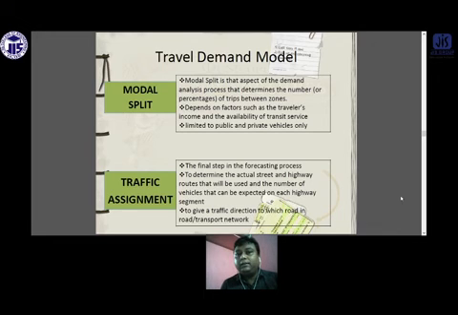Suppose my income is $1 per day, so I will not go by private car or private vehicle or Ola Uber. I will go by public transport. If my daily wage is $5, I can think of a shared taxi.